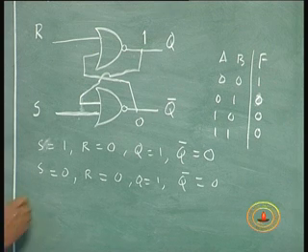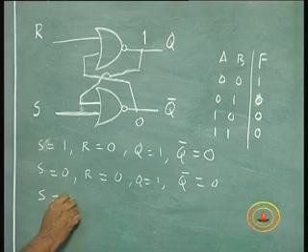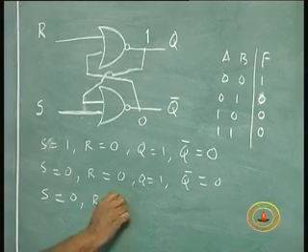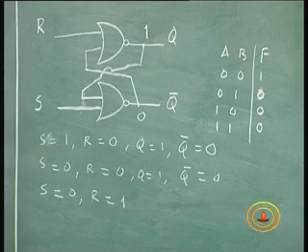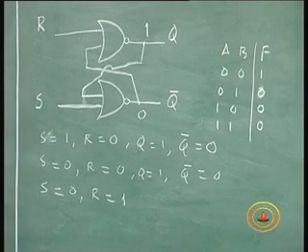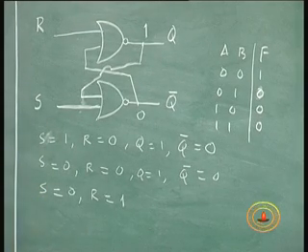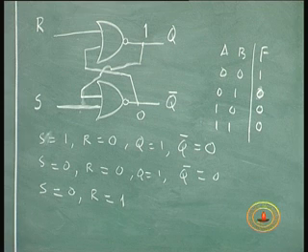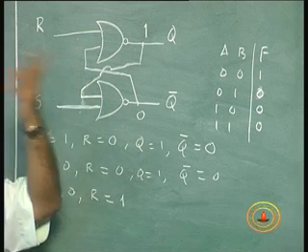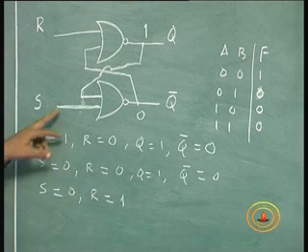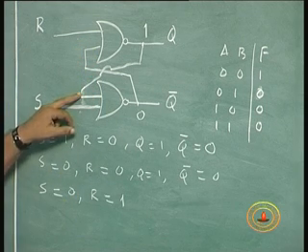Now, I am going to make a third combination. I am going to make S equal to 0, R equal to 1. It can be 0, 1, whatever. S is equal to 0, this is 1.